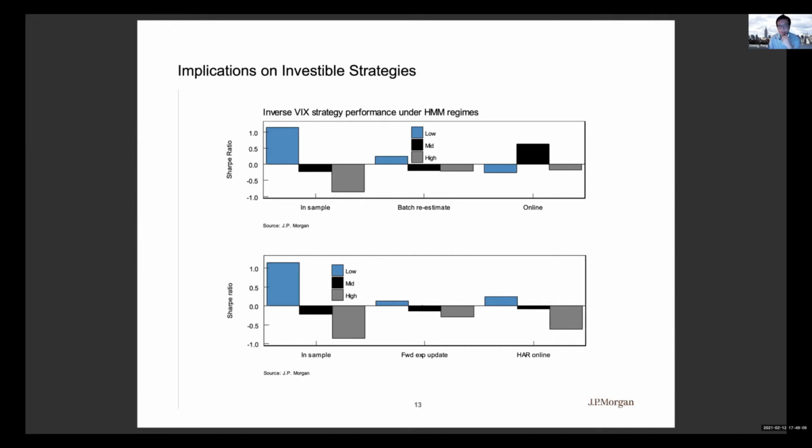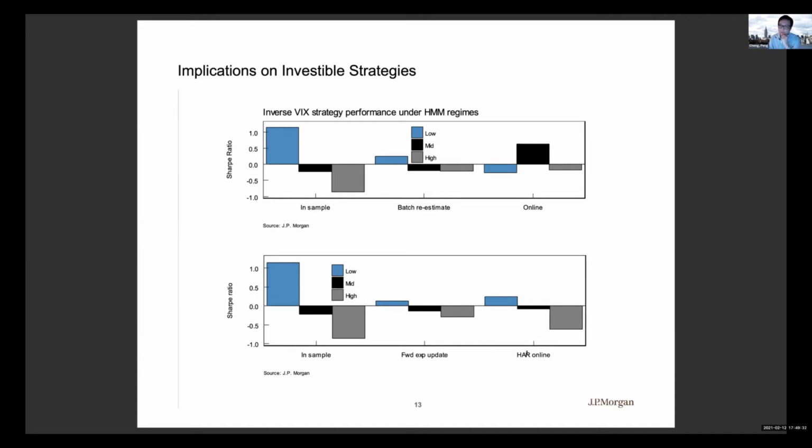And what we can see is that, generally speaking, the HAR online model, the one that incorporates HAR, performs much better than a simple naive online estimate. So that's the result of what we've shown in the paper.